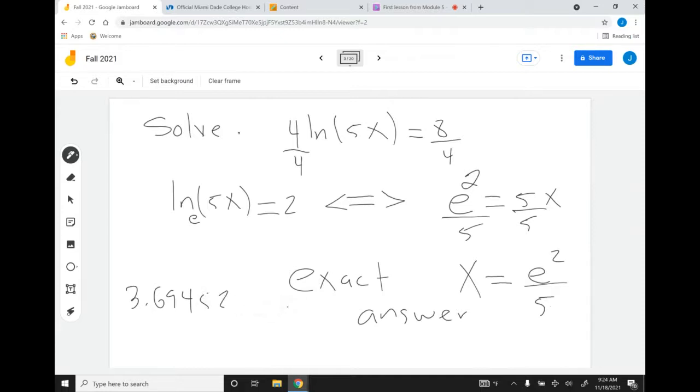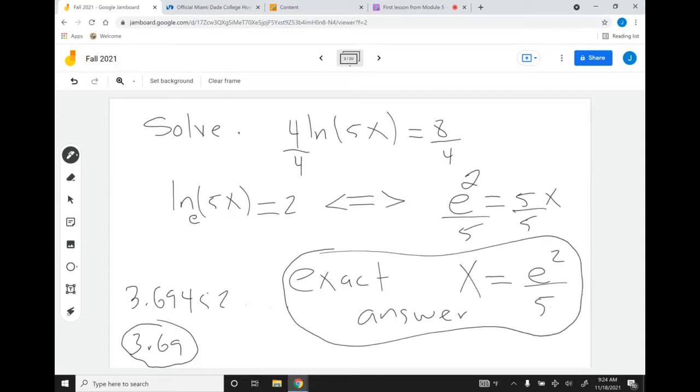But again, if Alex asks you to approximate it to the nearest hundredth, then the answer will be 3.69. In that case it will be an approximation and it will not be an exact answer. What they mean by an exact answer is exactly this, just like that.